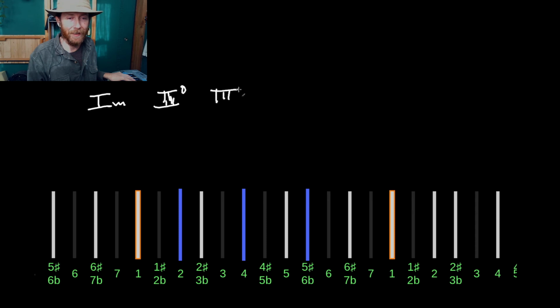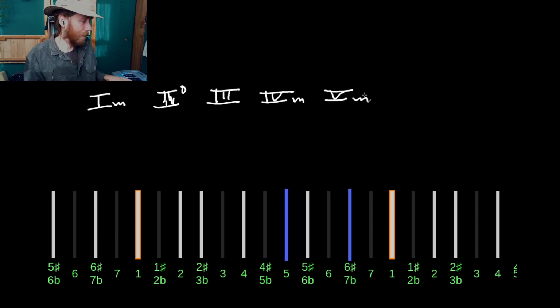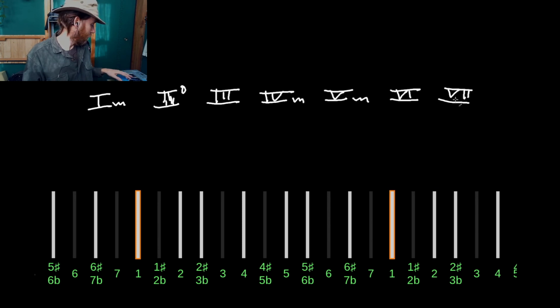All right, 3, 4 minor, 5 minor, 6, and making sure I'm getting this right, and then 7. So that's the harmonization of the natural minor scale.